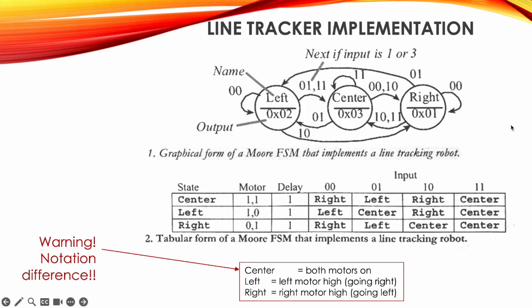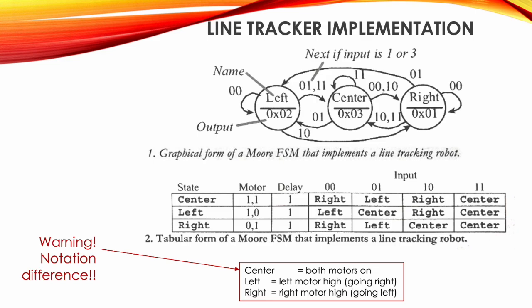The textbook that this example comes from defines the states differently. Instead of using left to be turn left, it's left to make the left motor high, in other words, turning right, and the right state is having the right motor high, or going left.